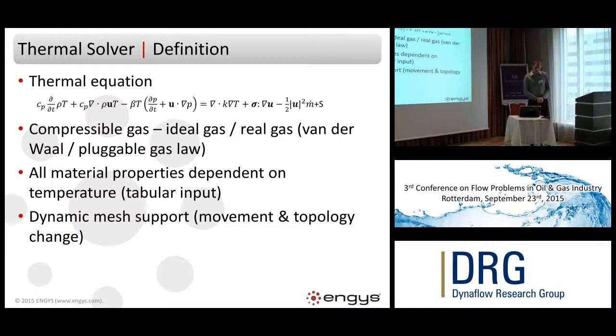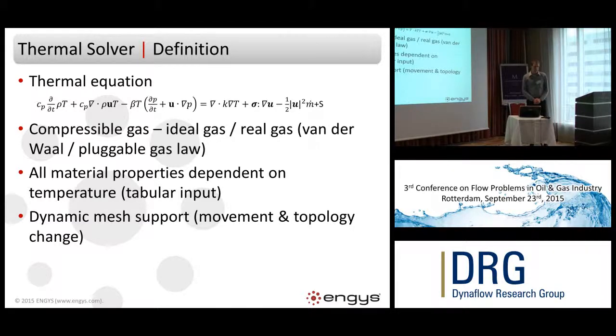Then further improvements are adding the temperature equation and thermal modeling to the two-phase flow. We allow for both an ideal gas or a real gas. At this stage we've only got the Van der Waals gas law in there, but there's a general interface for writing one's own gas laws.